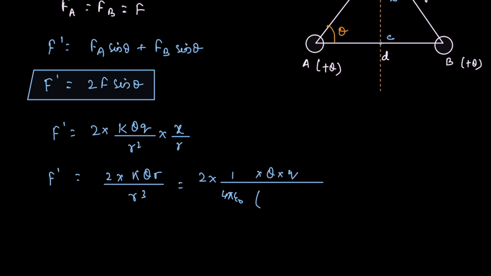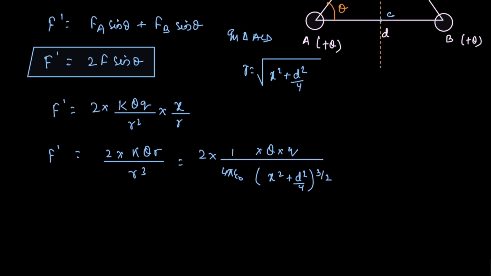Here R is equal to root of x square plus d square by 4, if we are using triangle ACD by the Pythagoras theorem, so x square plus d square by 4 to the power 3 by 2. This is the answer for the first question.